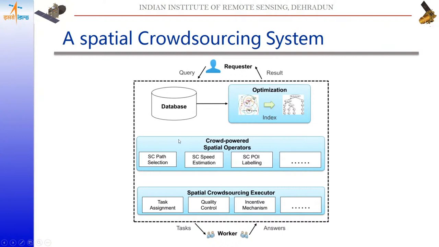Once it is done, this data goes into a database and becomes the property of the requester who is collecting these kinds of data sets. Now he can perform indexing and optimization of the data to make it usable as meaningful geospatial data sets.